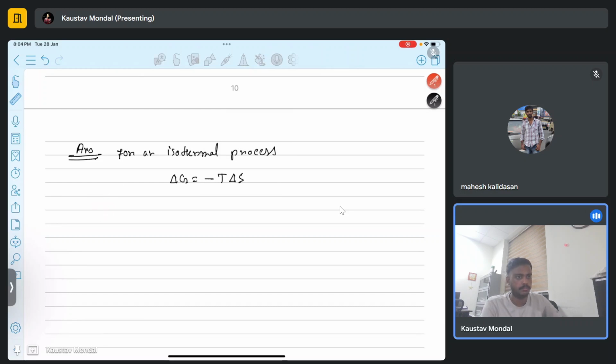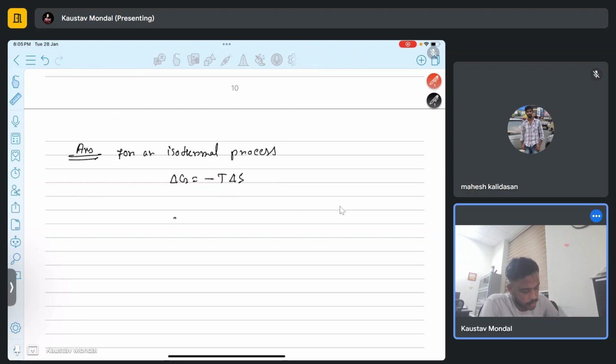Now we know that for isothermal expansion, T remains constant, right?